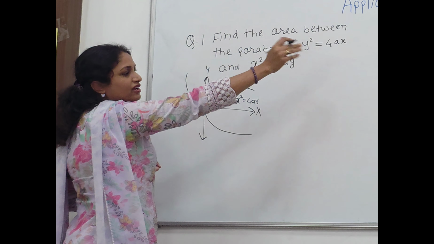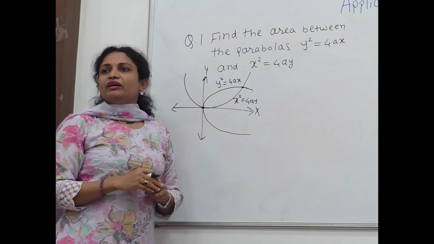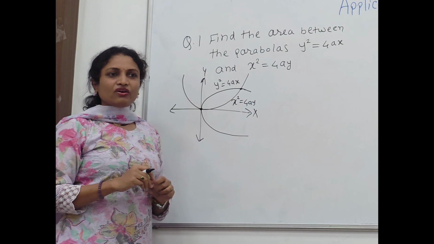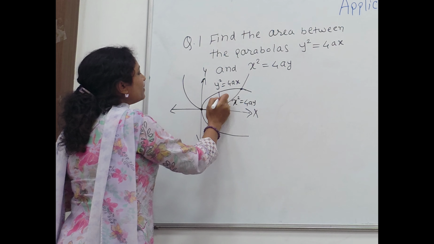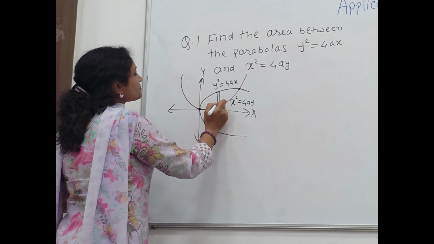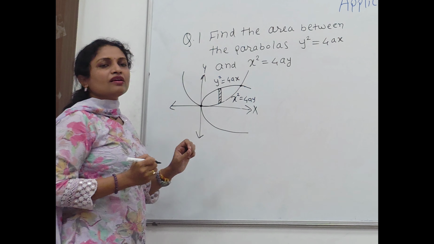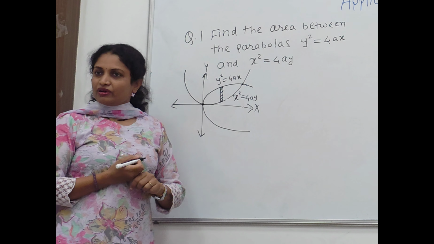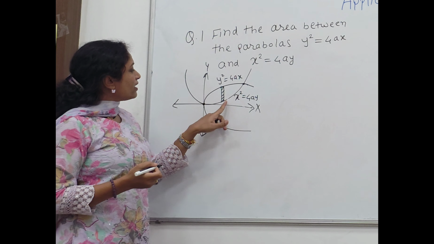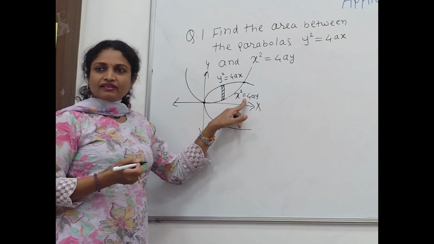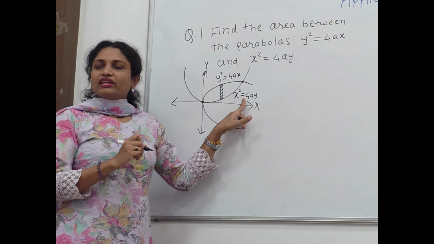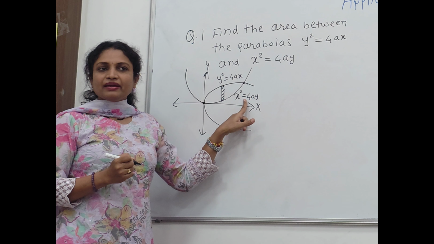The formula is by default that one. Let's find the limits by considering either a vertical strip or a horizontal strip. If you assume a vertical strip, move the strip from left to right to cover the region. The lower end of the strip is touching this curve, which is a parabola. How can you write its equation in terms of y?